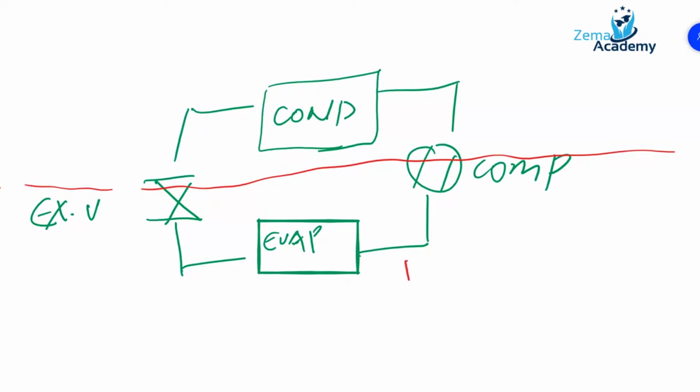I'll number them as 1, 2, 3, and 4, so we'll know the different points across the circuit. So I will start with the primary function of an evaporator.